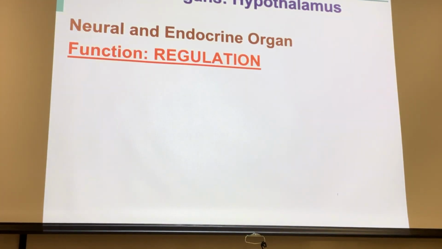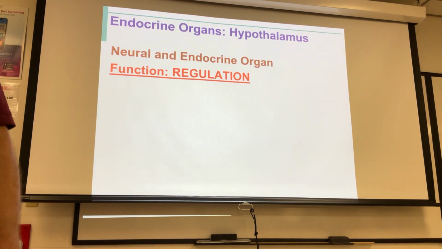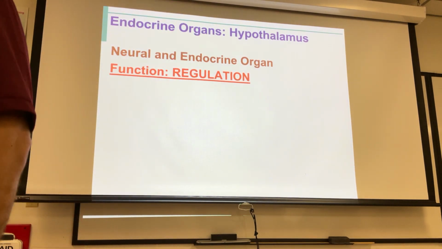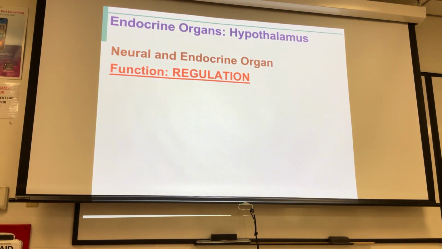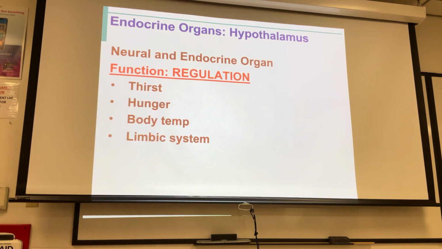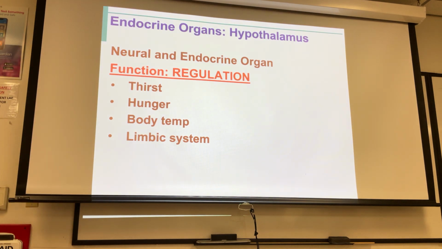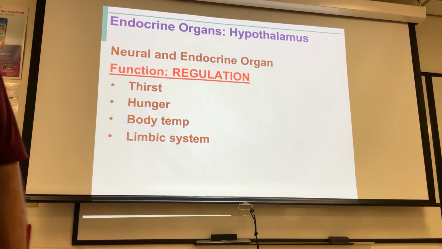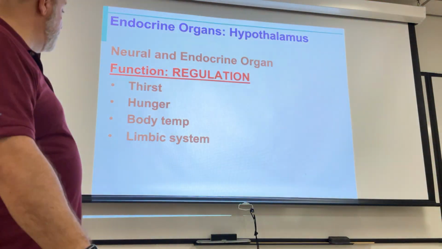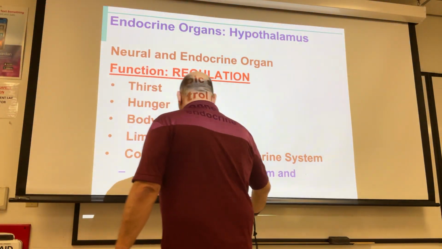As I mentioned, the hypothalamus is the true command center. Its job as this combo neural and endocrine organ is regulation. It regulates a lot of basic life functions: thirst, hunger, body temperature, limbic system. Remind me again what the limbic system was? Yeah, emotions and memory and all those kinds of things that we talked about. Absolutely.